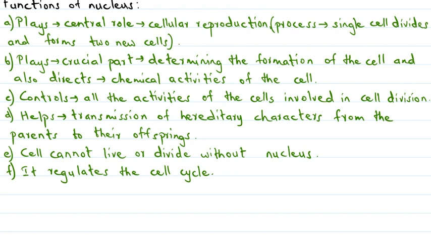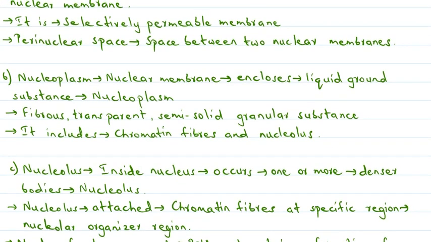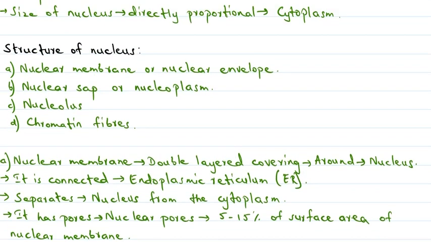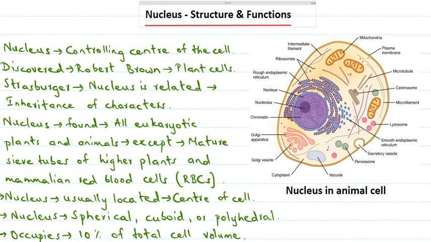Now we will quickly revise everything that we have studied today about the nucleus. Today we have understood the structure and the functions of the nucleus. First we studied how to define the nucleus.